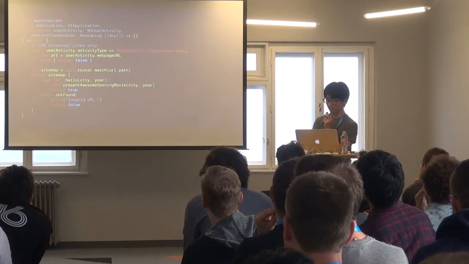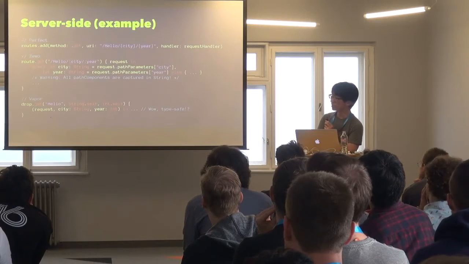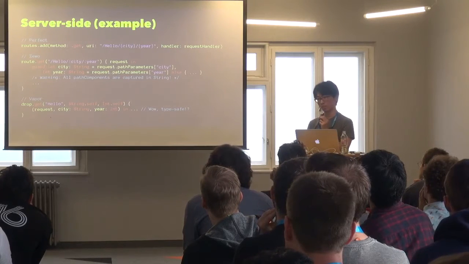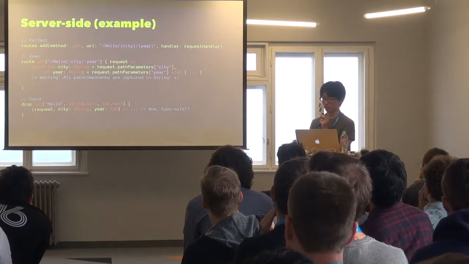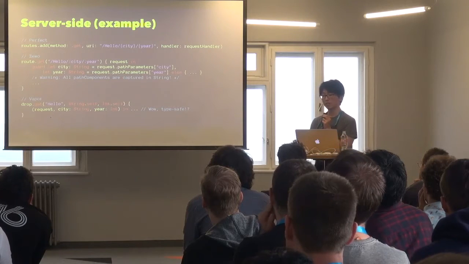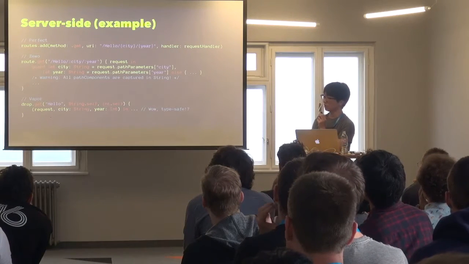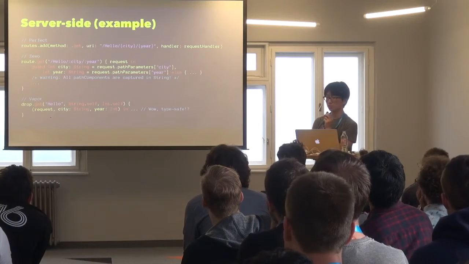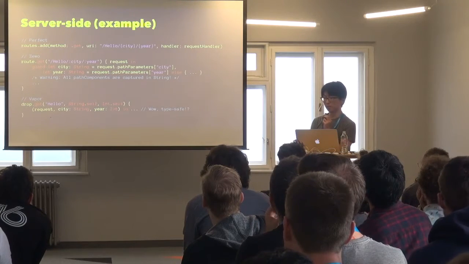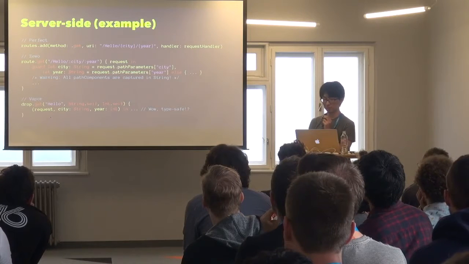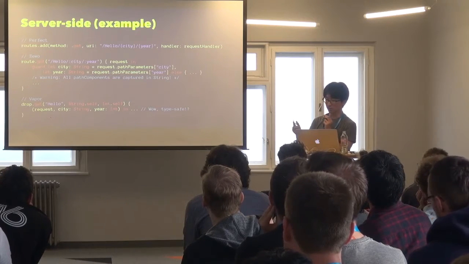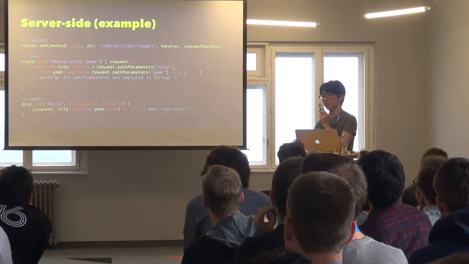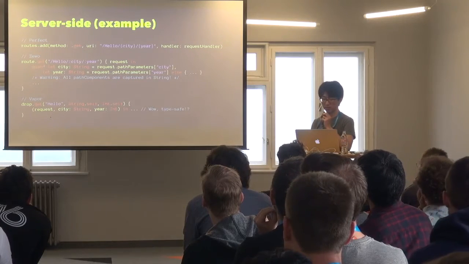How about we take a look at the server side. On the server side, we already have built-in URL routers available. Unlike my previous regular expression example, many of them use a data structure called tries or prefix trees, and that improves the performance. As you can see, the syntax is very easy to read and very similar to Node.js Express.